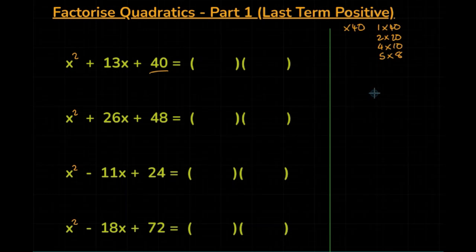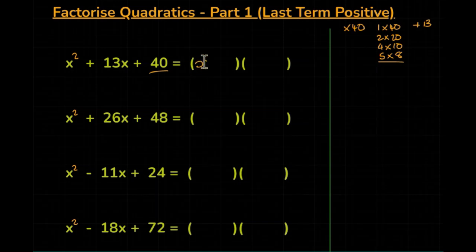But I do know as well that they have to add to this 13. Well, the only pair that adds to 13 is 5 times 8. So that is what I'm going to use for my solution.